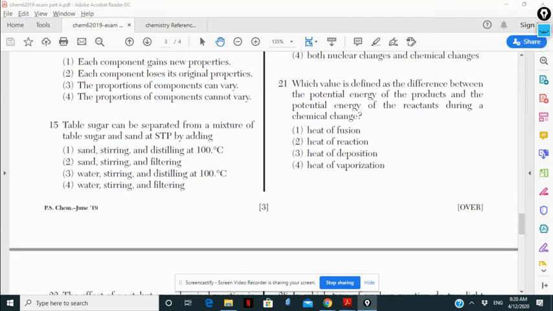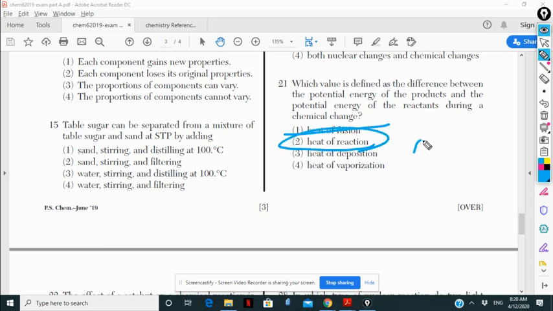Okay. Which value is defined as the difference between the potential energy of the product and the potential energy of the reactant during the chemical change? Heat of fusion, that's nuclear, and it's going to be the heat of the reaction, delta H. Delta H comes from the change between the energy in the product and the reactant.